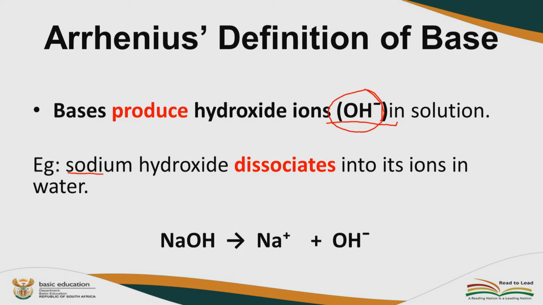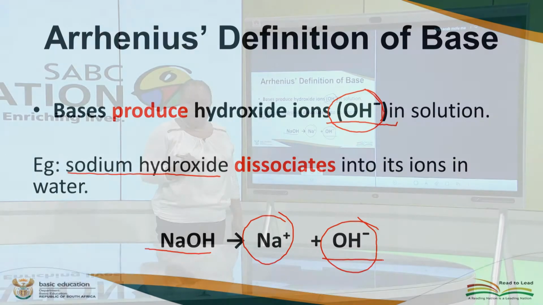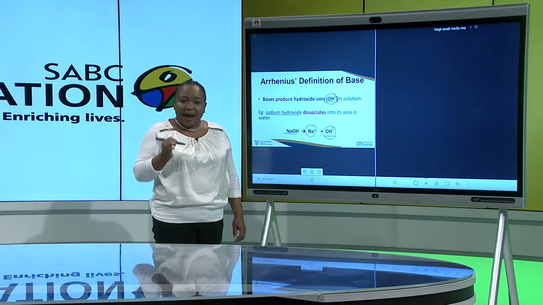For example, sodium hydroxide dissociates into its ions in water. So sodium hydroxide is an example of a base. What it does is dissociate into a sodium ion and a hydroxide ion. So the formation of the hydroxide ion is an indication that sodium hydroxide is a base. This is according to the Arrhenius principle.